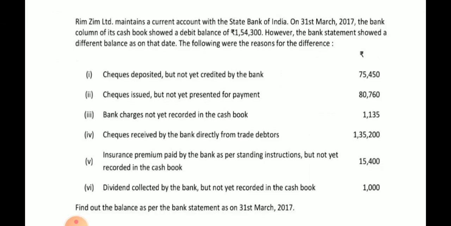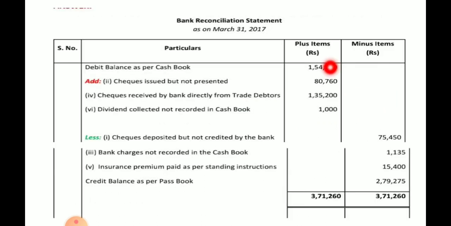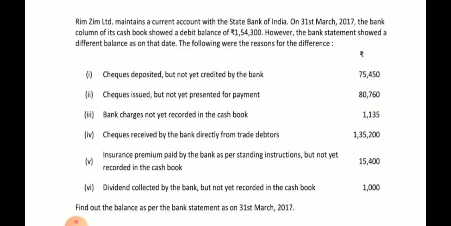Now the next transaction is check issued but yet not presented for payment. You issue a check to the creditor but they still do not collect the payment. So because of this the cash book is degraded, so it will be written in the plus column, right?